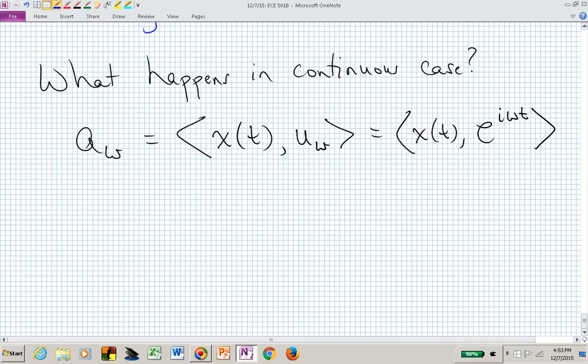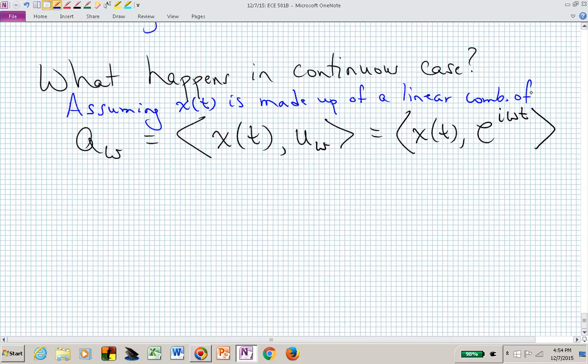So we're assuming our input, x of t, is made up of a linear combination of these eigenfunctions.